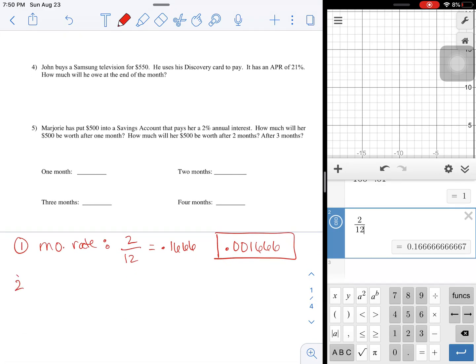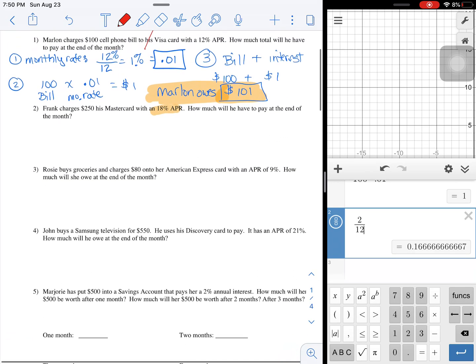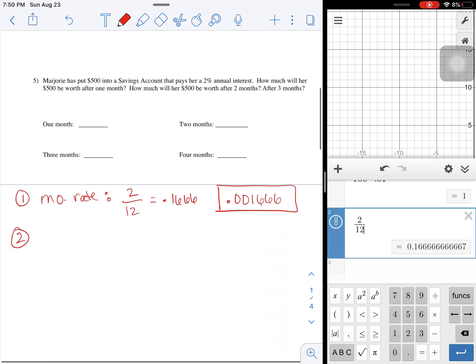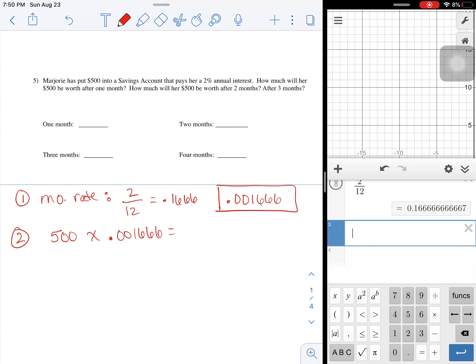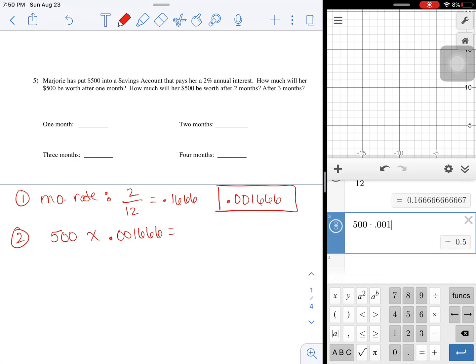Now we're going to take, if you remember above, I took the bill times the monthly rate. So it's not a bill in this sense, but my savings, or my amount of money, is 500 times 0.001666, and that equals 0.833.